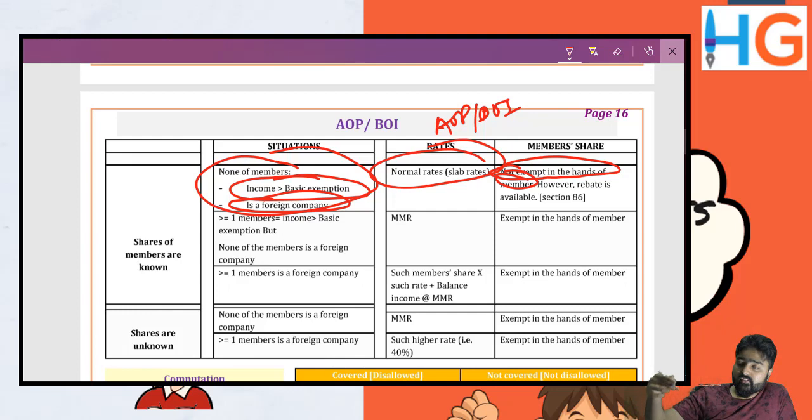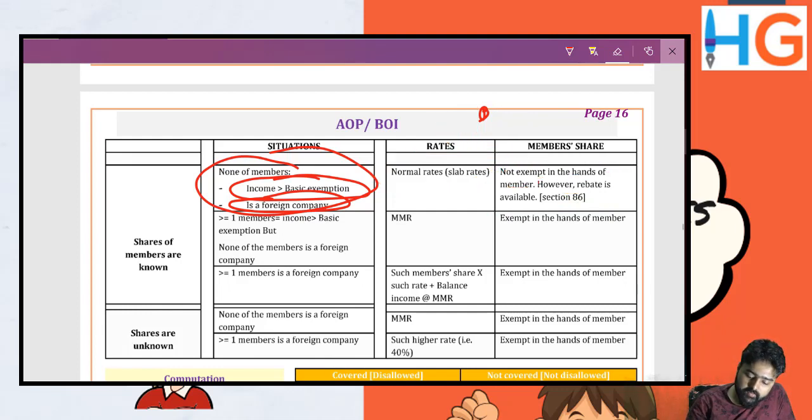The share from the 5 lakh will be taxable in the hands of the member. For example, if the share is 50%, 2.5 lakh will come here. It will also be taxable to the AOP at normal rates, but it will come here to the member too. Now the member will be taxable on 5 lakhs. There may arise a situation of double taxation. Hence rebate is available under section 86.